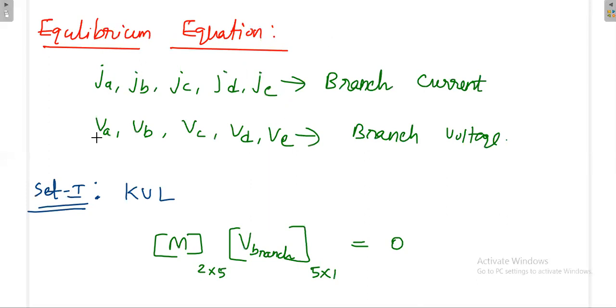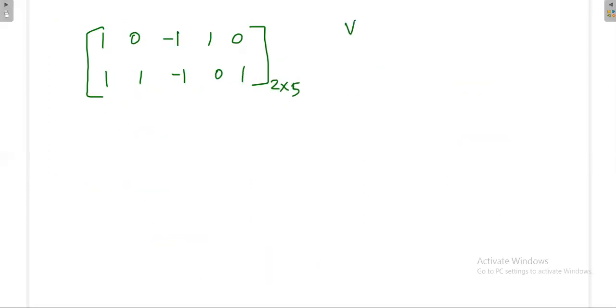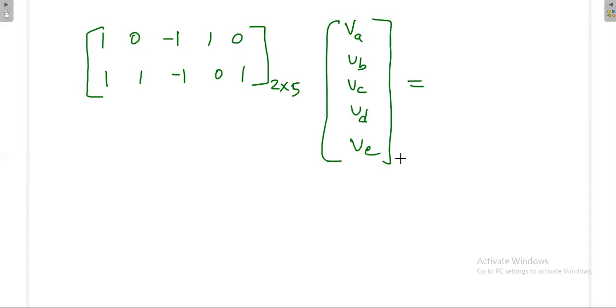They go from VA to VE, but you have to put them as a column vector: VA, VB, VC, VD, VE, which is equal to 0. Whenever you multiply 2 cross 5 with 5 cross 1, you get 2 cross 1 dimension, so this side will be 0, 0. Again, dimension is important. That is 2 cross 1.